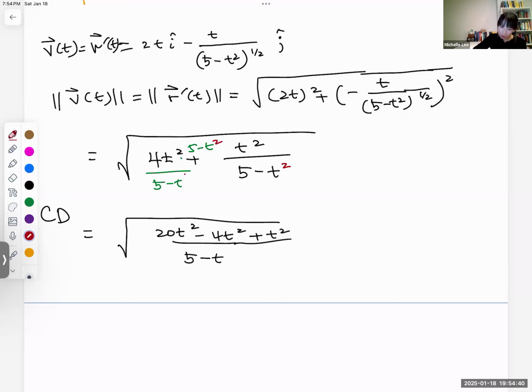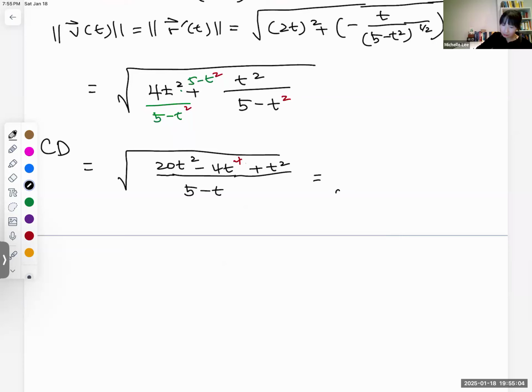So t squared, right? I did not make a mistake up there. Okay, then 20t squared, 4t to the fourth power. Then combine like terms.